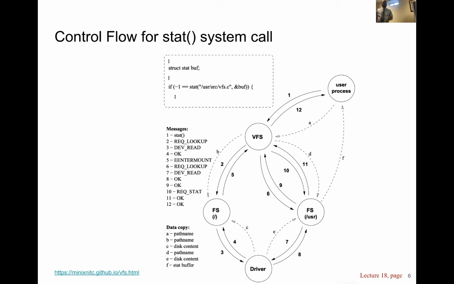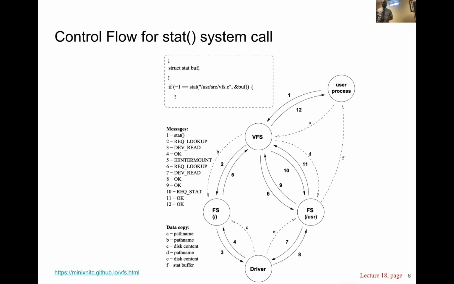In this case, the stat is on a file that actually belongs to the /user partition, as you will see in that snippet of code. So the root partition, the file server process handling the root partition, needs to forward that to the /user file server process.